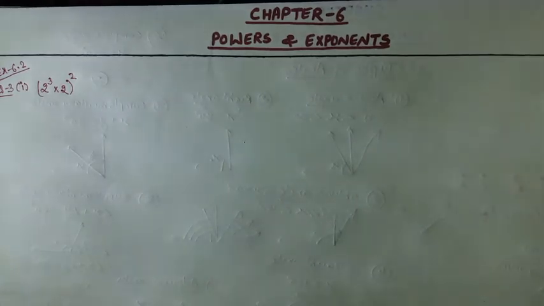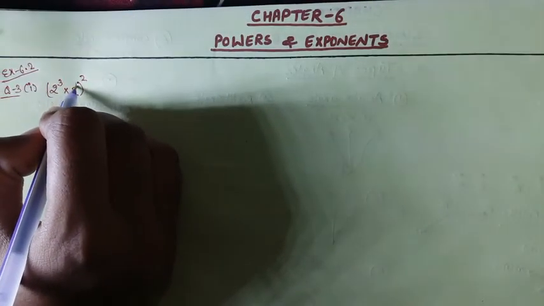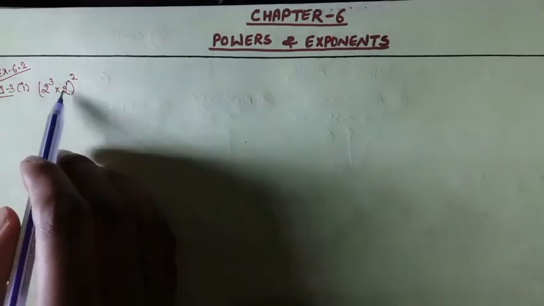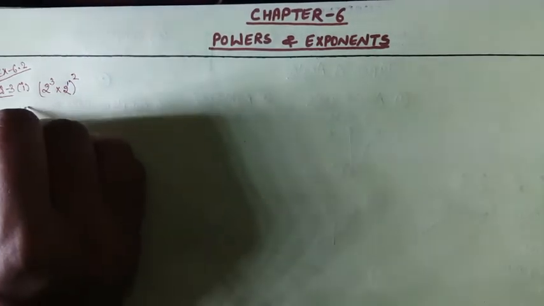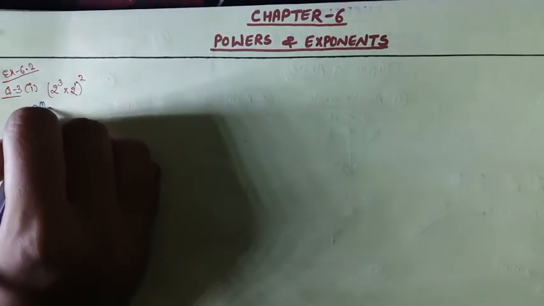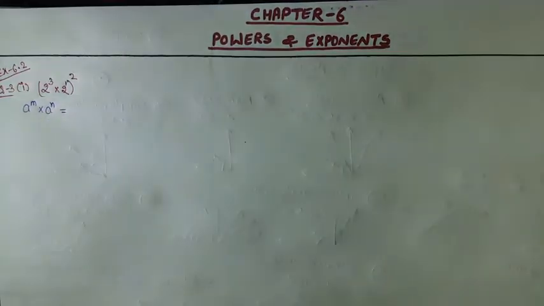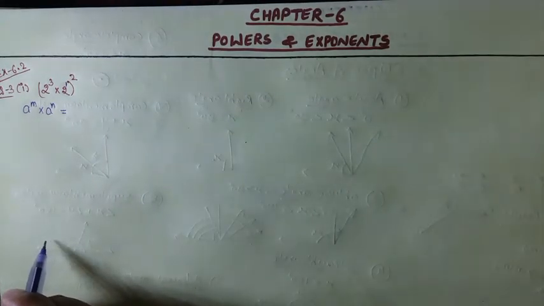Now look here, we will use laws of exponents. Here we can make use of this, which is in the form of 2 to the power nothing, meaning here 1 is existing. So this is in the form of a to the power m into a to the power n, and this is equal to what?